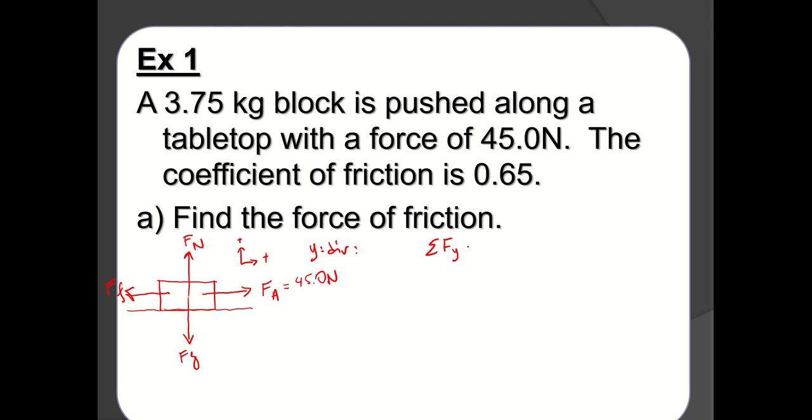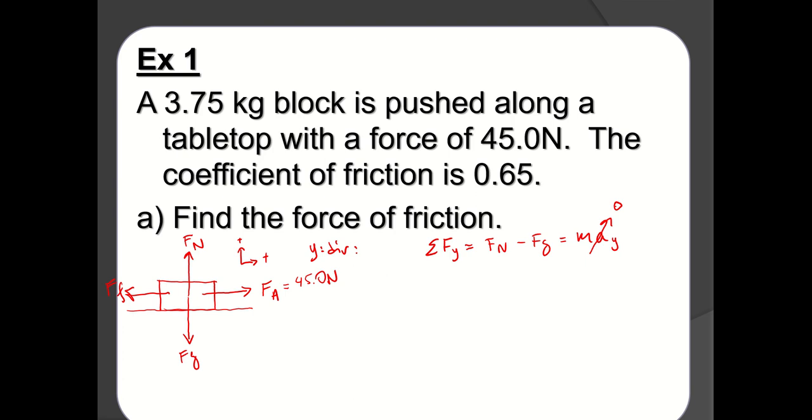So for the y, the F net, we have two forces in the y direction. We have our normal and our Fg. And even though, like I said, in physics 11, a lot of times we're just going to be dealing with Fn equals Fg, you still have to show why that is, right? So in this case, the block is not moving up and down. So when you write your F net, we have these two forces acting together, right? And we have acceleration in the y direction here. But we had to write it down and then say there is no acceleration because it's not going up and down, it's only moving left and right.